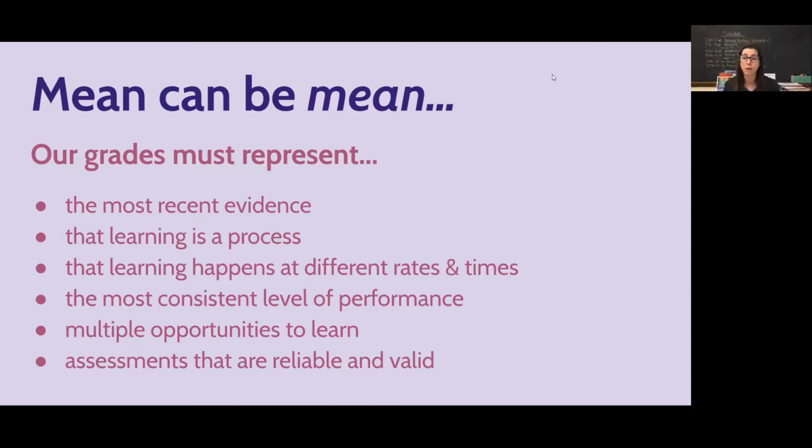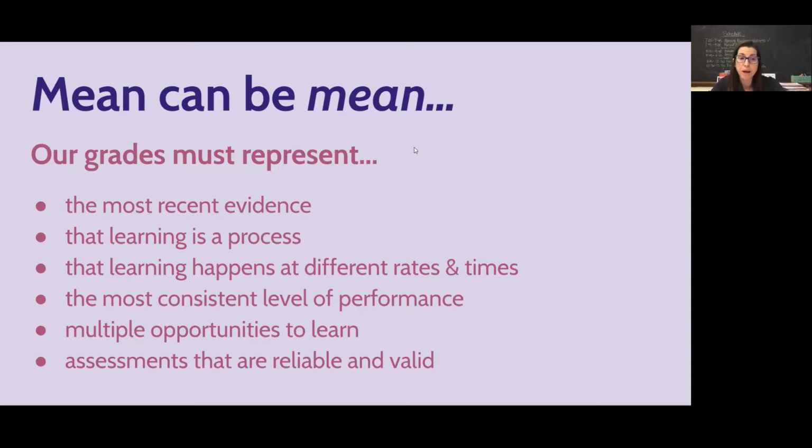Or has something else happened, which I sometimes call pump and dump, which means they didn't really learn the material, they just took it in, did it for whatever assignment they needed to, and then kind of dumped it out and they've forgotten about it. So grades based on the most consistent level of performance is where I usually go with my professional judgment.